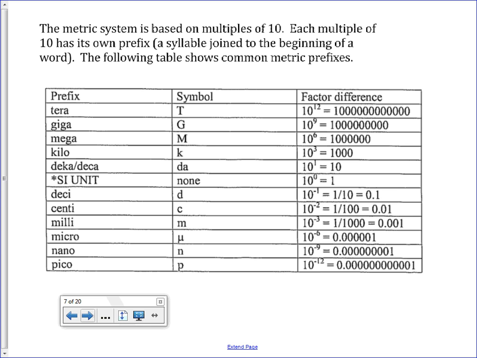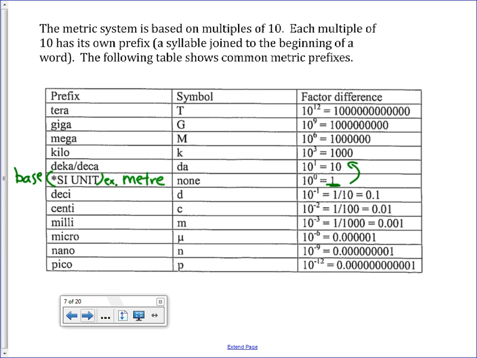So here, right in the middle of the chart, we have our SI unit. This is what our base unit starts at. So for example, if we're measuring length, our base unit would be the meter. And so that would just be equal to 1. If we move up one prefix, we are increasing this by a factor of 10.